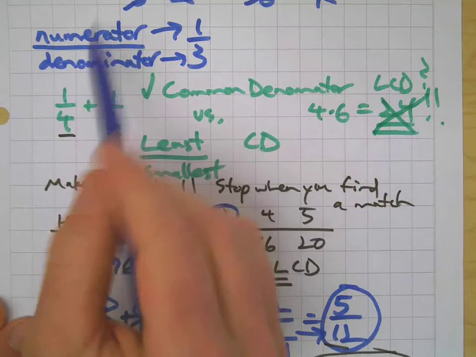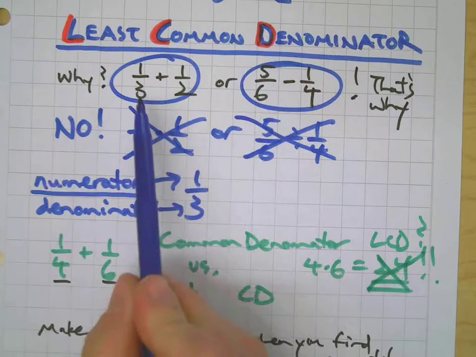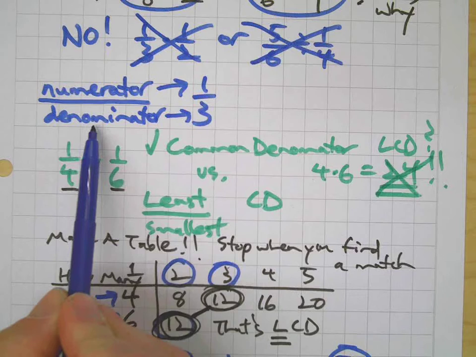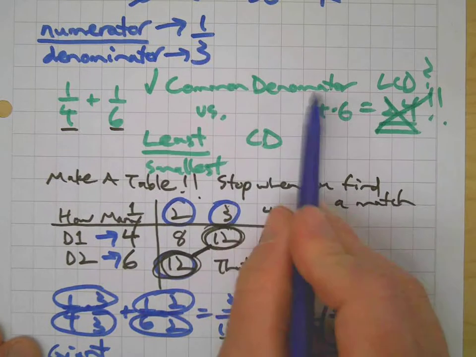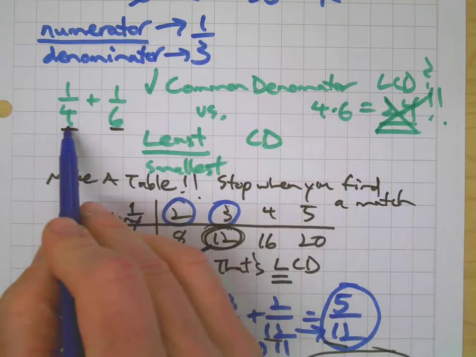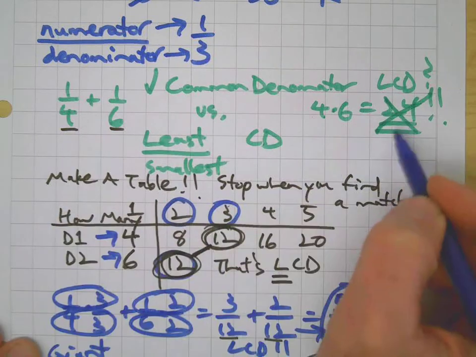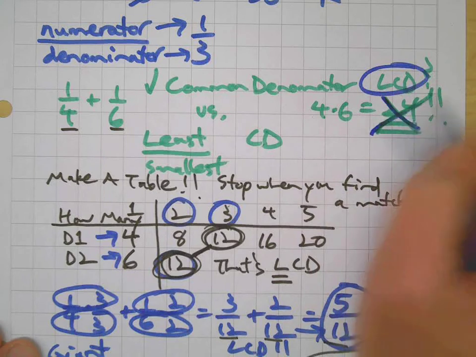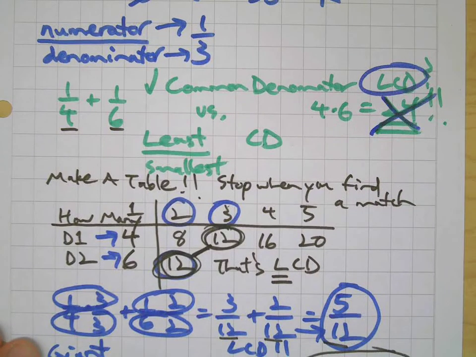Okay, so let's review our steps. First of all, it's only for adding and subtracting. Numerators on top, denominators on the bottom. A common denominator you can always find just by multiplying the denominators, but that's not always the lowest one. Sometimes it is, but this time it was not.